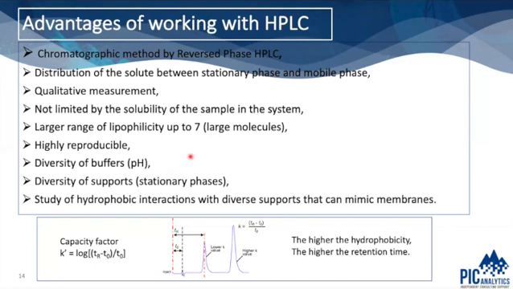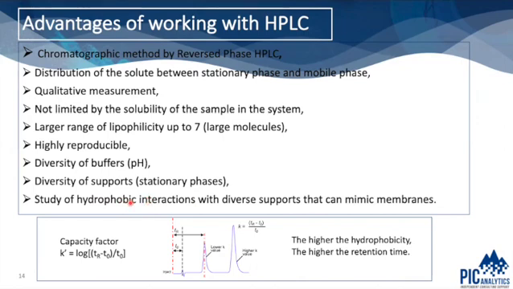You can modify your mobile phase, and we can really and reproducibly measure high lipophilicity up to 7, 8. You can use different buffers as you would on a shake flask, but you also have the diversity of supports as I've just described, and a lot of these supports can mimic different membranes and give different types of interactions, but mainly hydrophobic.